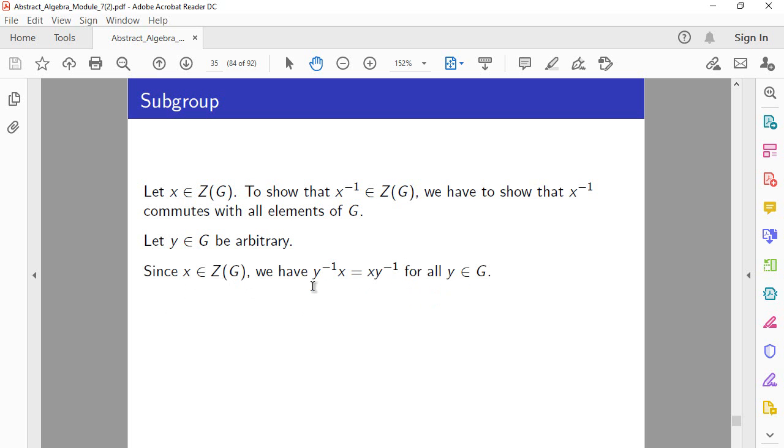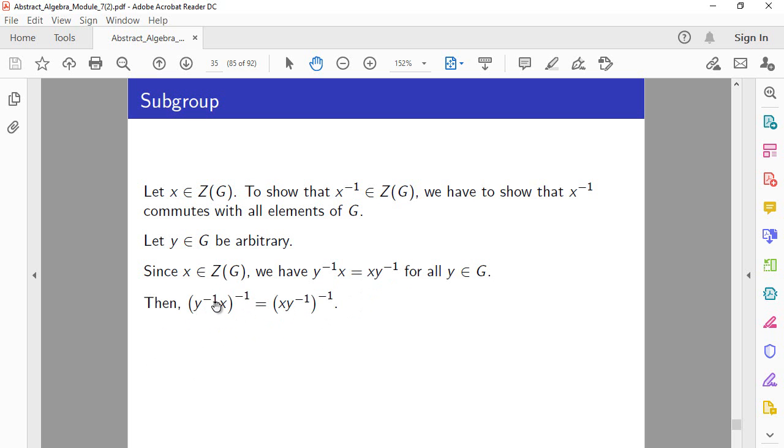And so now what I'm going to do is take the inverse of each side of this equation. So the inverse of y inverse x is the same as the inverse of x y inverse.